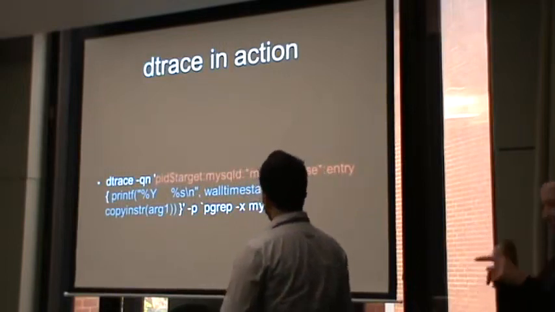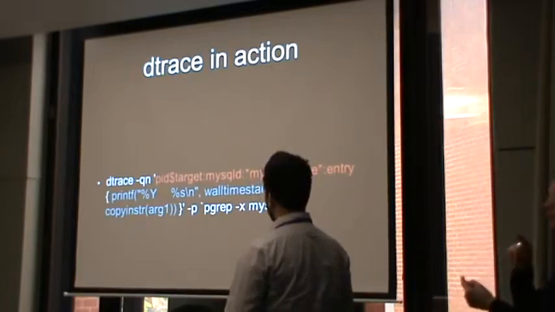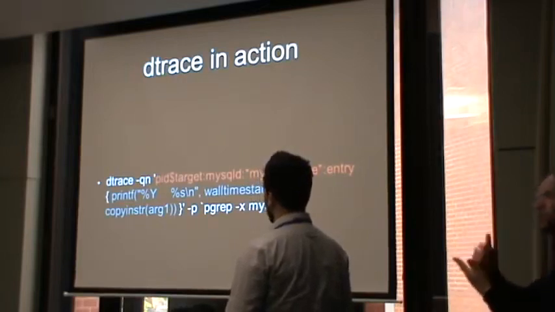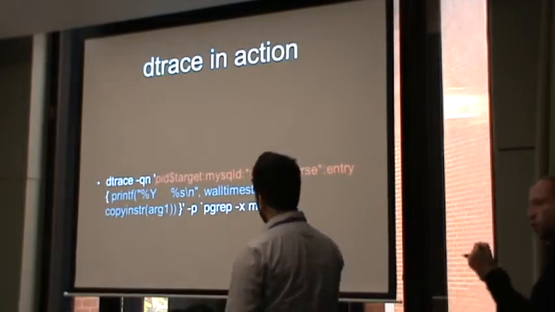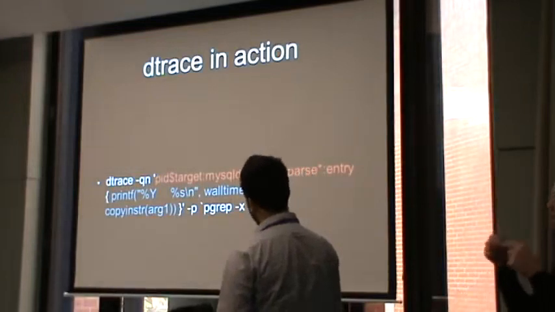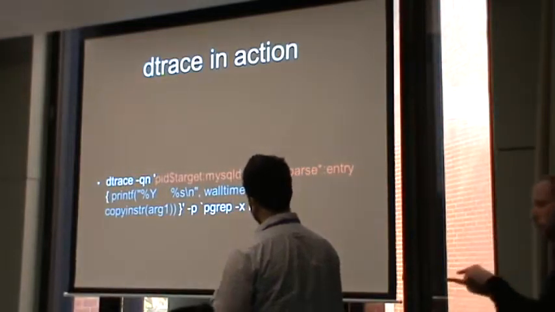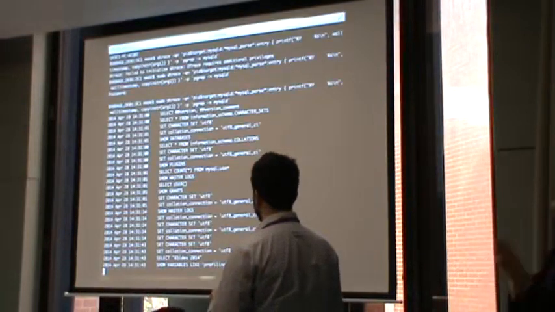The bits in blue are what we do once we have triggered this condition. We want to print out a timestamp and the first argument to the function, to mysql_parse. And then we're just grepping and piping back the PID for the MySQL service, the MySQL daemon.